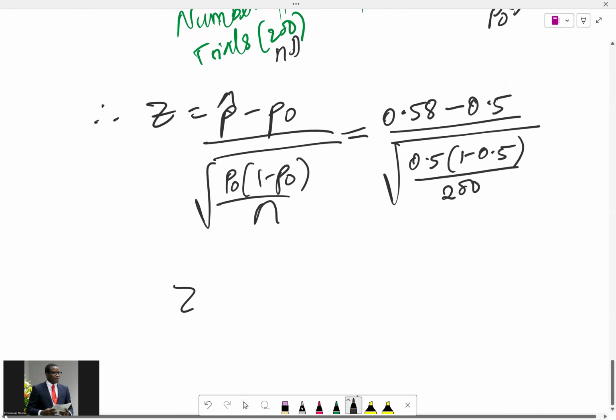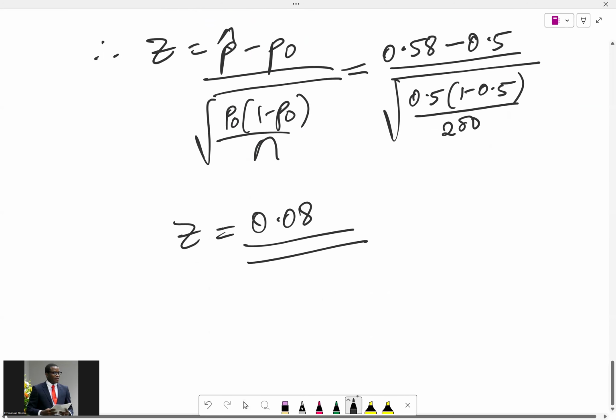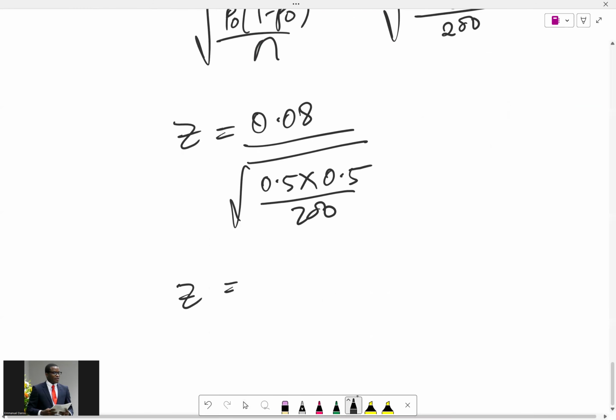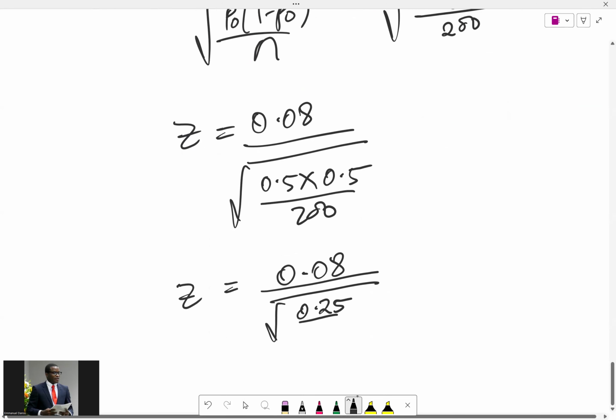So Z is 0.58 minus 0.5, that's 0.08, divided by square root of 0.5 times 0.5 divided by 200. So Z is equal to 0.08 divided by square root of 0.25 divided by 200.